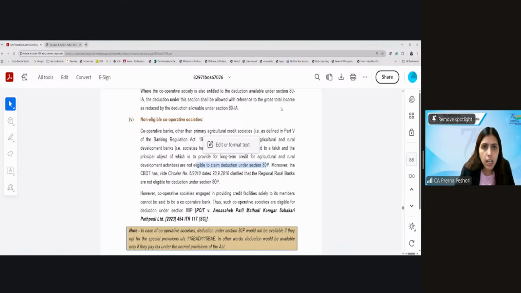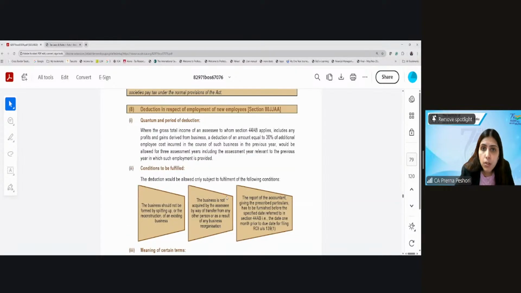Now the last deduction for this particular chapter is in relation to 80JJAA. A very, very important deduction. What is this deduction for? This is a deduction in respect of the employment of new employees.